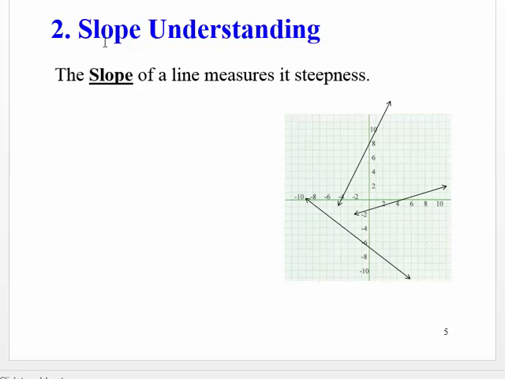The second thing we're covering is slope of a line. The slope of a line simply measures its steepness. Here we have a fairly steep line. This one's less steep, but positive slope. And this one is a negative slope. We go down as x is positive.